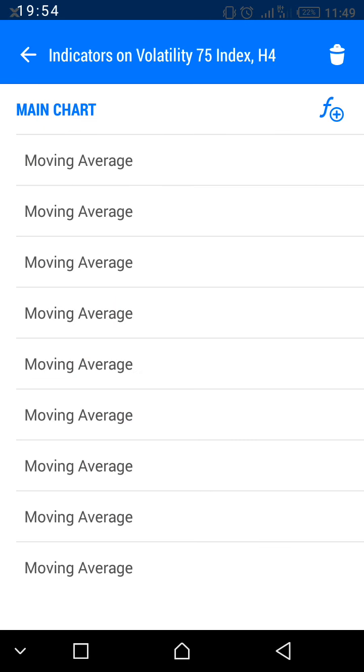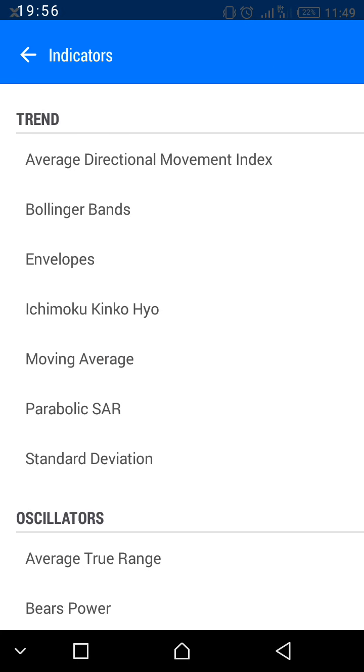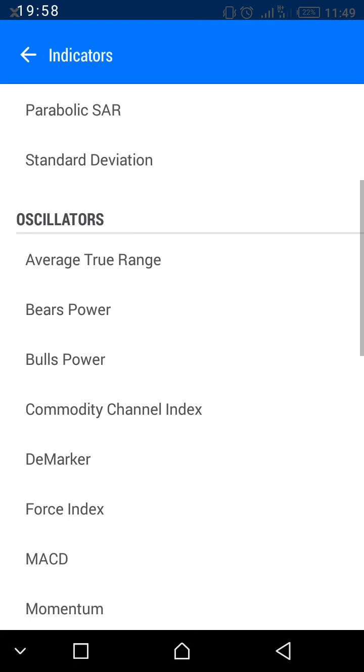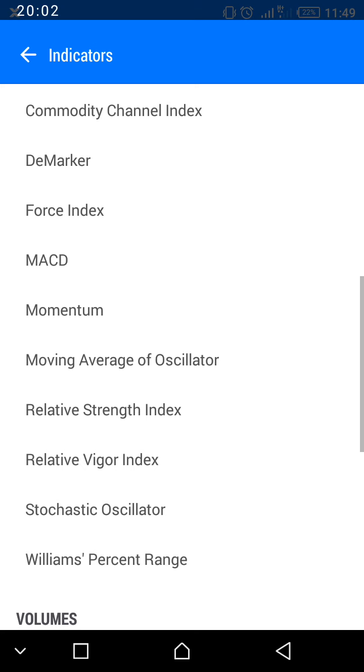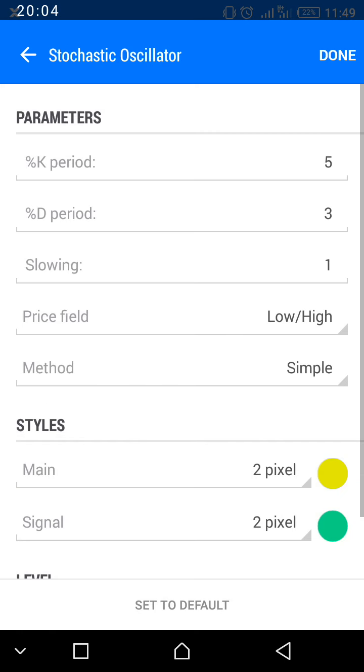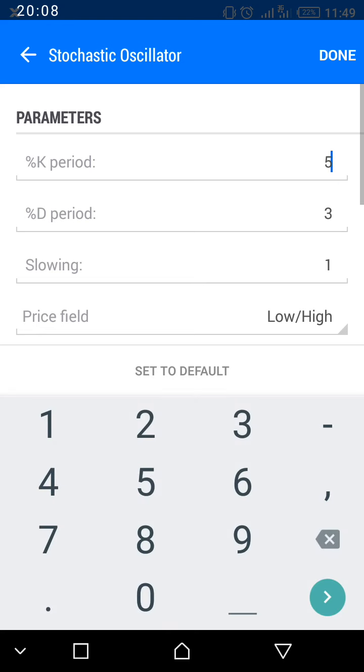You click on this. Then you go to oscillators, stochastic oscillators. Then the first is percentage K period 9.